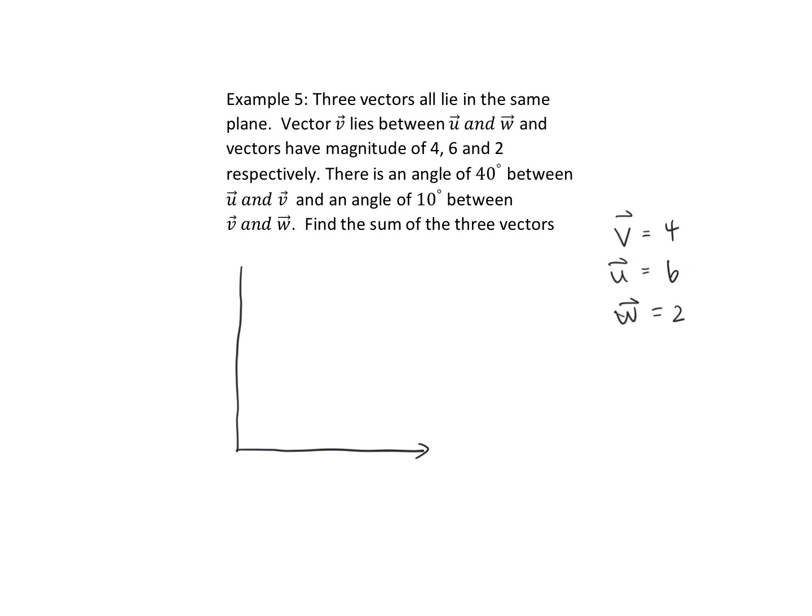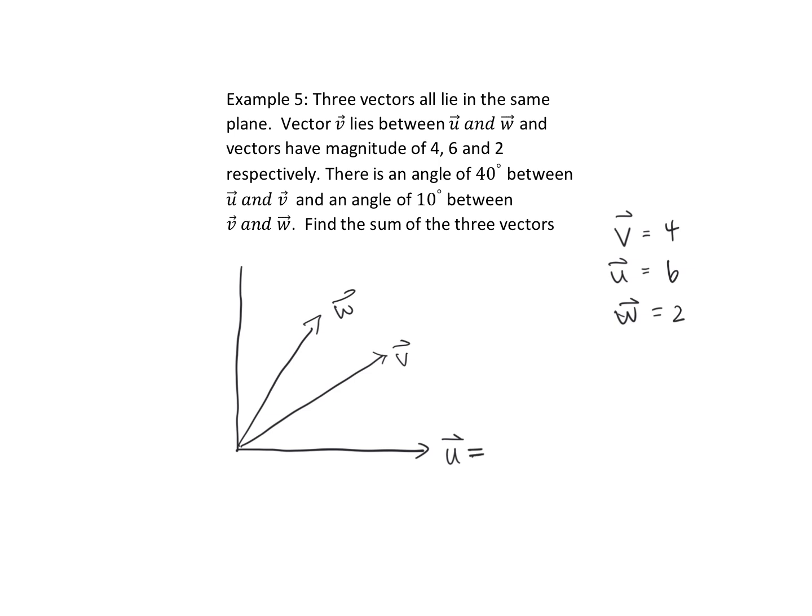Always, if they don't give you a starting point, always place one of the vectors on the horizontal. So I'm going to put U on the horizontal. It says V is in between U and W, so I'll put V next and then W. So it says V lies between U and W and have magnitudes 4, 6, and 2 respectively.